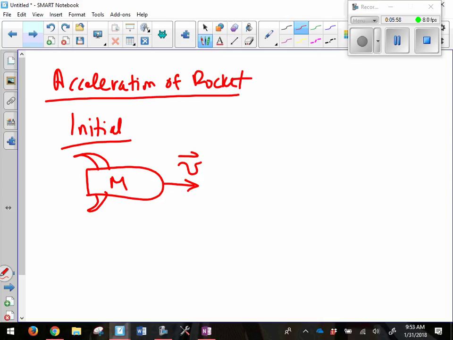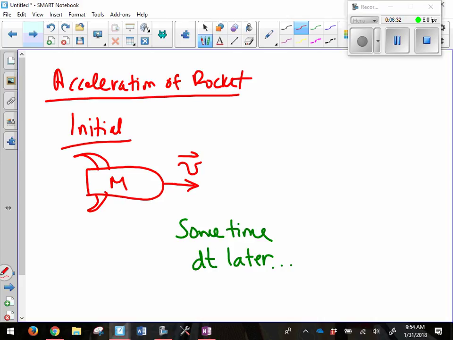Sometime dt later, so I don't necessarily have a collision, but we've also talked about conserving momentum before and after an event of some kind. And in this case, my event is just that an amount of time dt has elapsed.